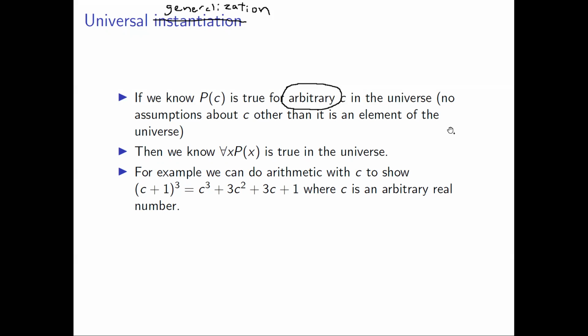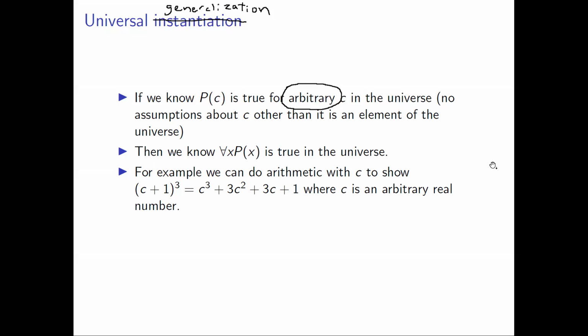And this is true for any real number c. So c plus 1 cubed equals c cubed plus 3c squared plus 3c plus 1 is true for any real number c, regardless of what c is. The only assumption there is just that c is a real number.